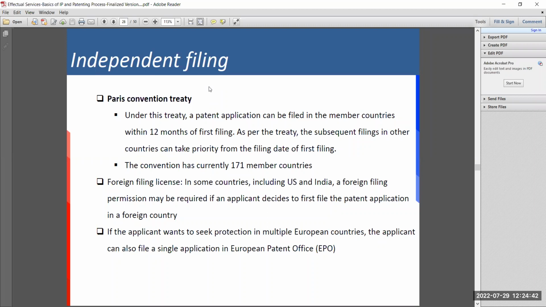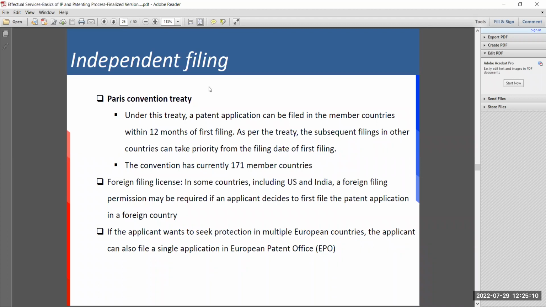For example, if a person filed an application in India and now feels they really want to go to the US, then within 12 months they can go through the Paris Convention, and we can assist you. In that scenario, we should inform the Indian government that we are planning to go to a foreign country and obtain a foreign filing license from them.